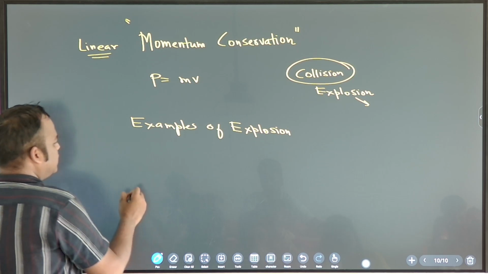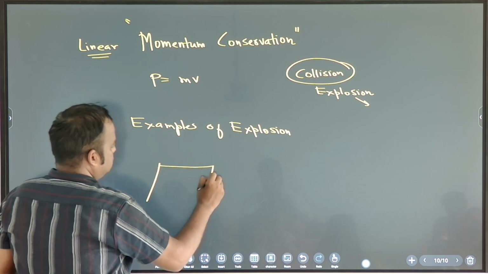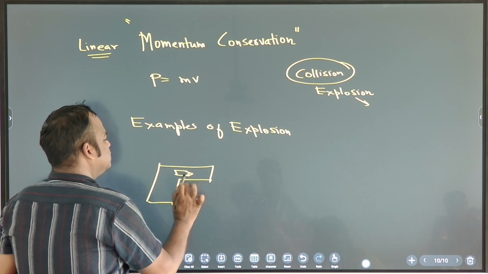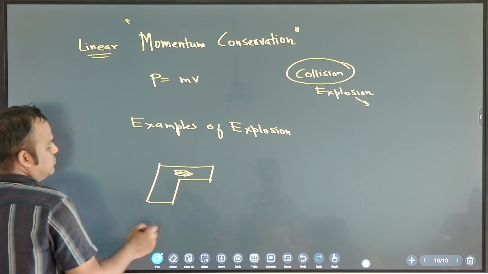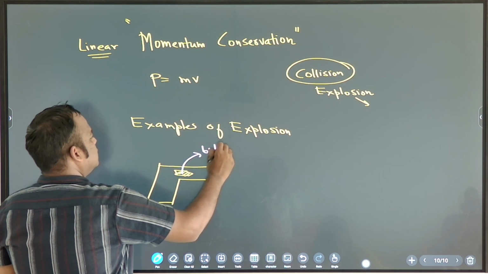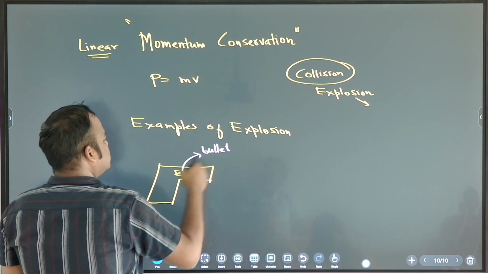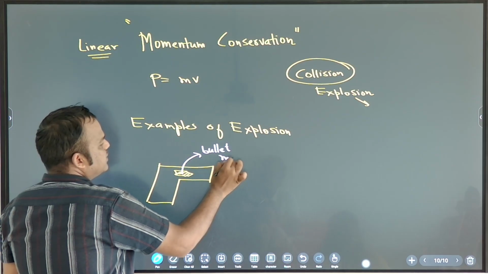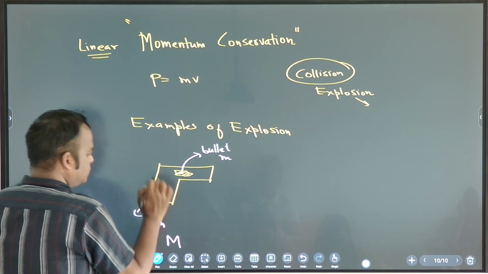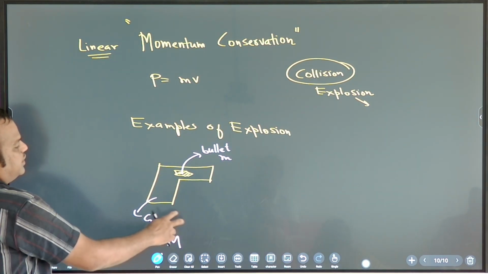So bullet and gun. Initially, the bullet is inside the gun. So this is the bullet. The mass of the bullet is small m. And what is the mass of the gun? Capital M. Correct.